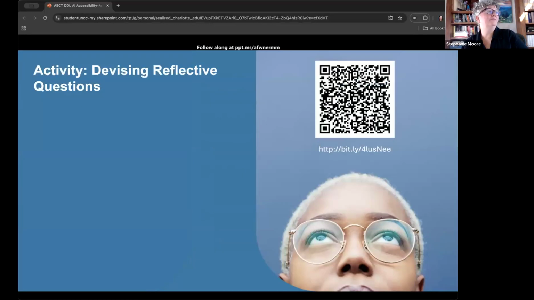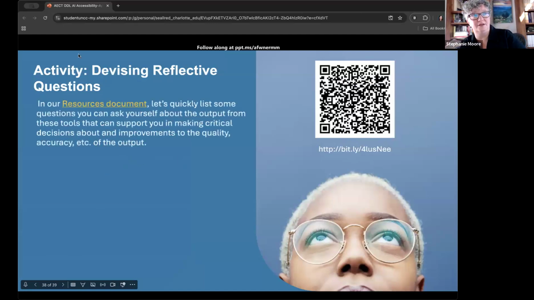Okay, over in our resources document, we've tried to curate a lot of this together. We've also shared some additional resources that I think we're going to try and get incorporated into that document as well. We want this to be a document that is not just from us, but that we're co-creating, right, with you.